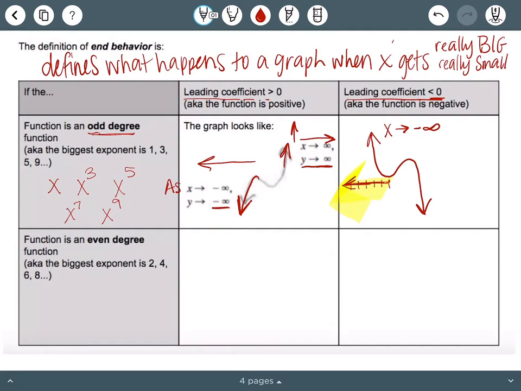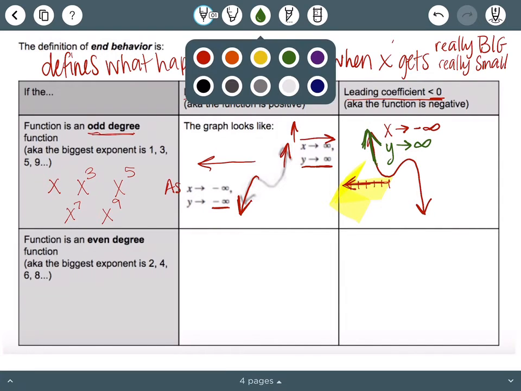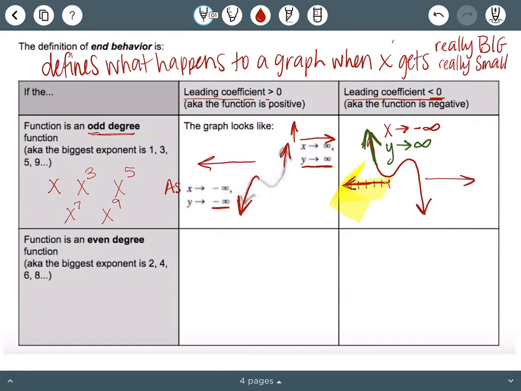As our graph is going this way, what's happening to our equation is that the y's are increasing. So we would say y is going to positive infinity, right? We can look at this a different way when we are headed in the positive direction. When x is going to positive infinity, the y's we see here are going down, so that would be y going to negative infinity. It's decreasing, -1, -2, -3, -4, -5, etc. Right? So those are odd degree functions.